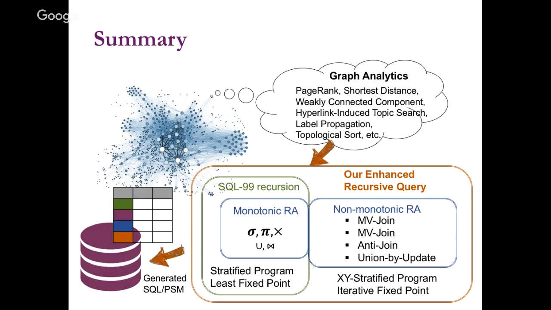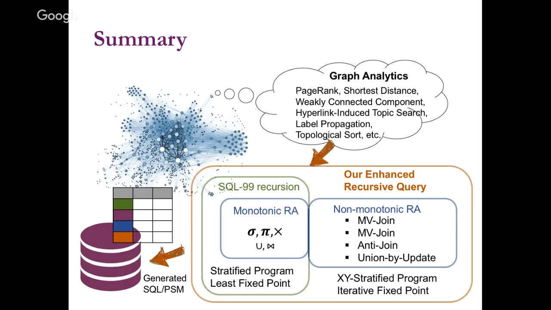So finally, I will summarize our key points and main idea. Through our investigation, we find SQL99 can only support linear transitive closure since it can only support stratified programs. However, for our enhanced recursive query, since adding the 4 new relational algebra operations, we can support a large range of representative graph analytic algorithms, and we prove that it lies in the XY stratified program.